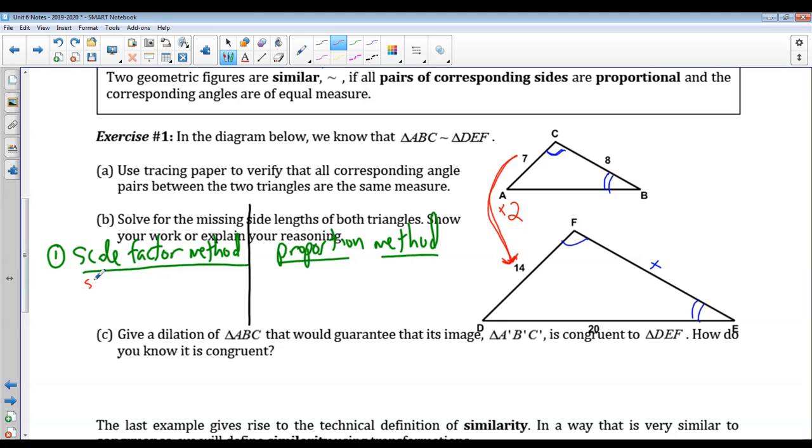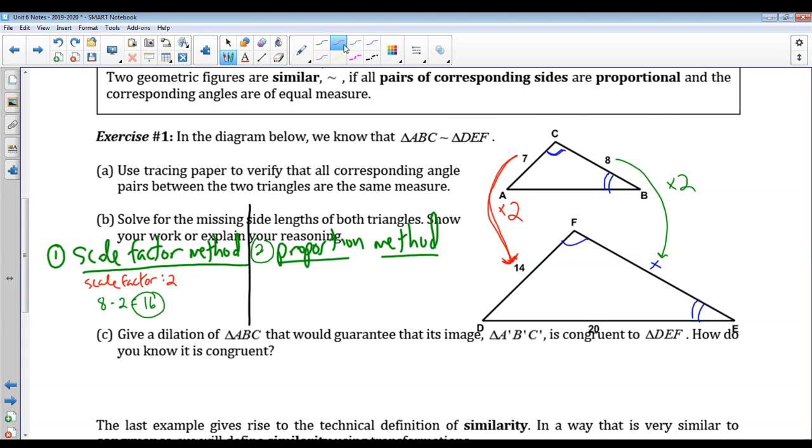So using the scale factor method, I know my scale factor in this question is just 2. So if I'm looking for side x here, all I need to do is take the 8 and apply my scale factor, times 2. So 8 times 2 is 16. That's an easy one. My unknown side there is 16.